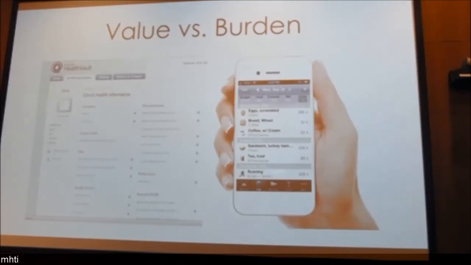Turns out no one was using these things. And the reason they were not using it is because it was a huge pain in the butt to actually do this, right? There was a tremendous burden in inputting the information, getting the stuff out of the electronic health records into the system, and putting all of the results from various labs that were not wired together manually into the system.